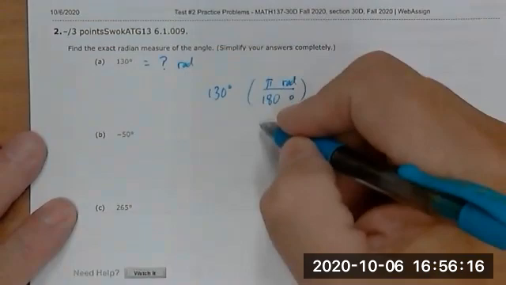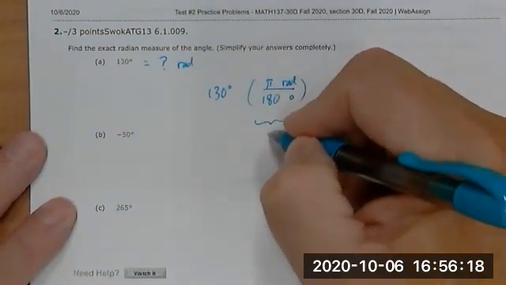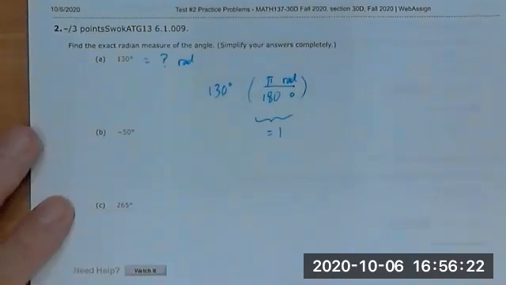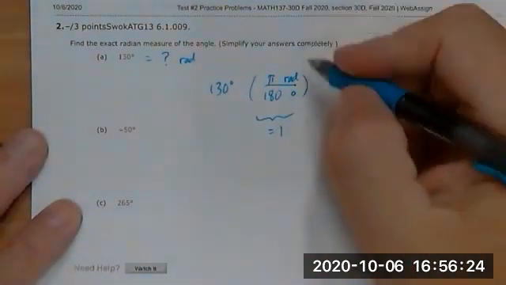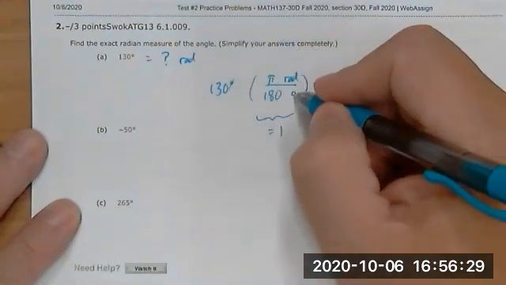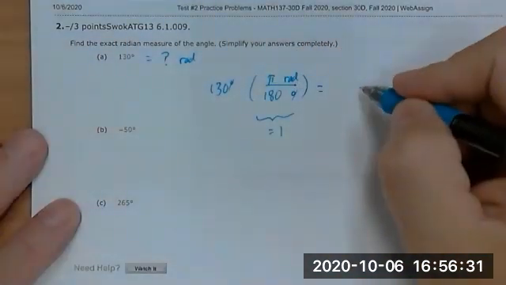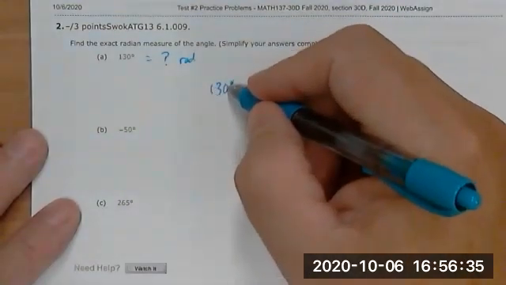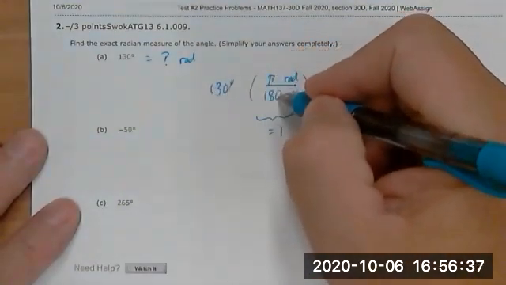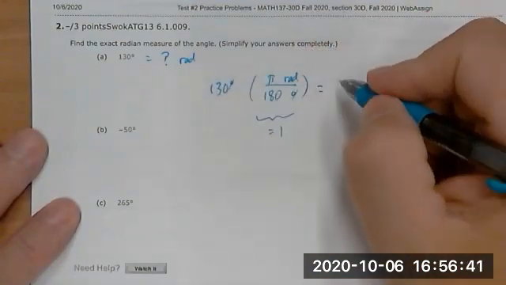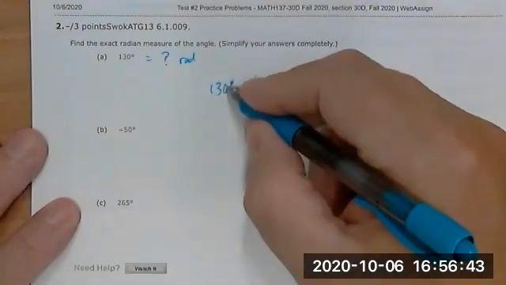So this is a unit fraction. This thing really equals 1. So we're not changing the actual value of this. We're just changing the units. Because when we multiply, the units on the top cancel with the units on the bottom. The answer is going to be in radians. And now it's 130 times pi over 180. So it looks like this reduces down, 130 over 180.